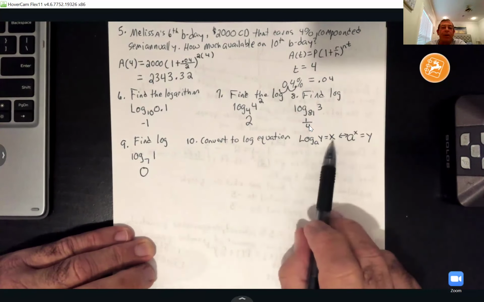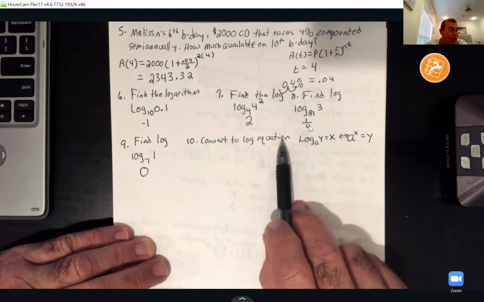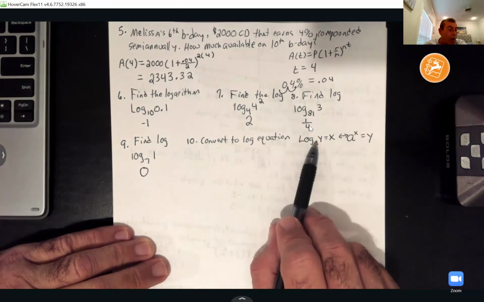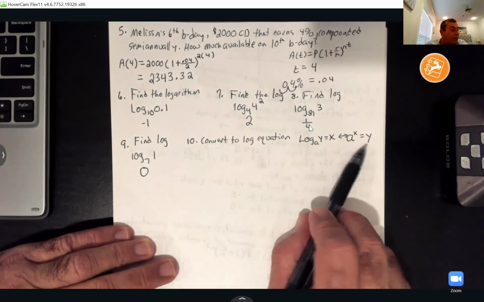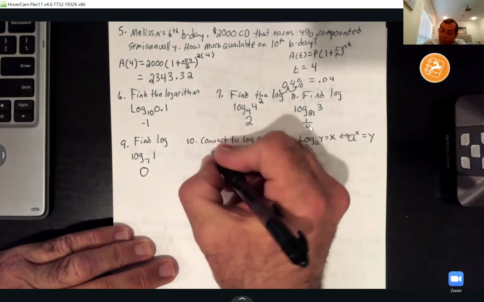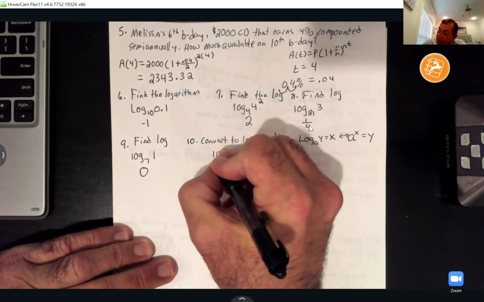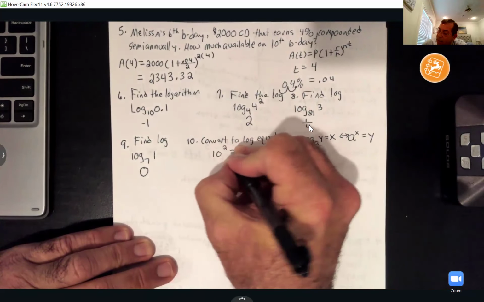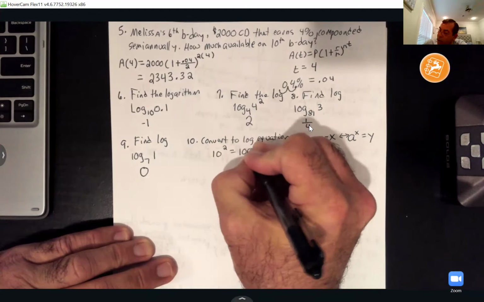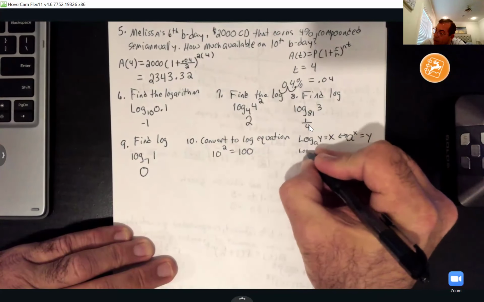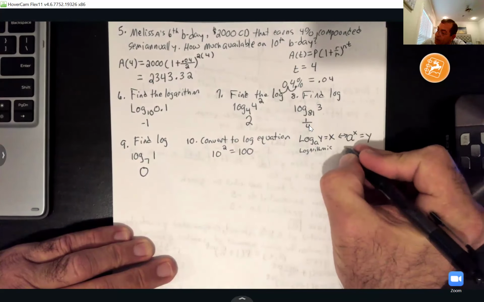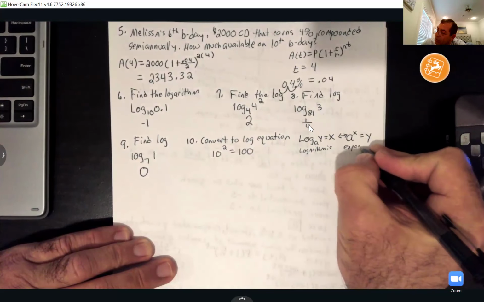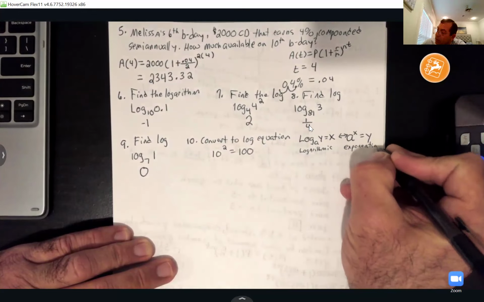So this is the conversion I use when I convert, okay? Now they want me to go into a log equation and they're giving me the exponential. So the problem they're giving me is 10 squared equals 100. So remember, this is the logarithmic side. This is the exponential.